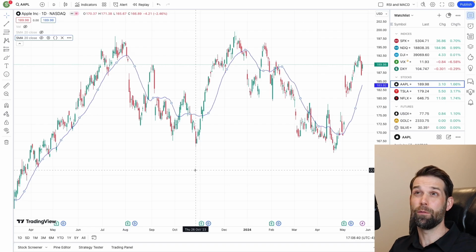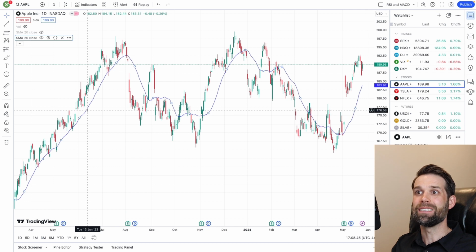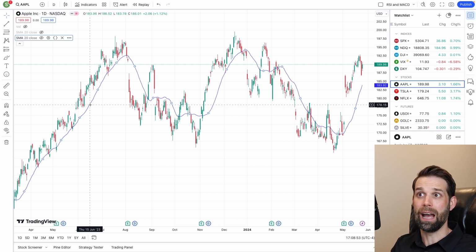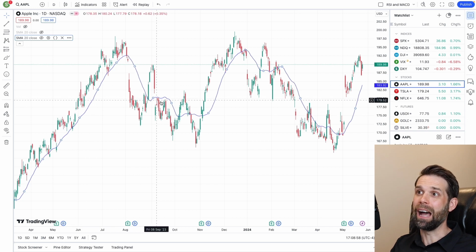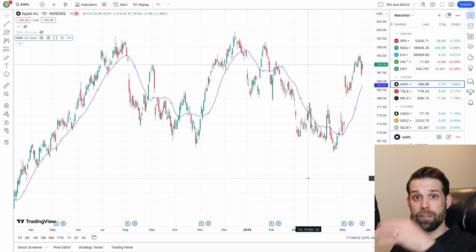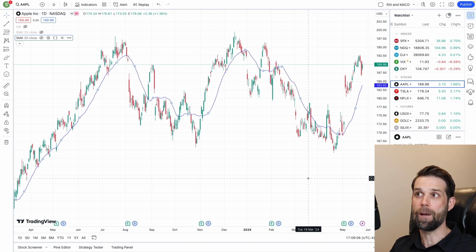Here we're on TradingView and we're just looking at Apple stock, and the blue line is the simple 20-day moving average. It's going to do an average of the past 20 days, and every day it's going to make a new average. You can see that this blue line is now smoothing out the price pattern, and you can kind of see a visual representation of the trend.